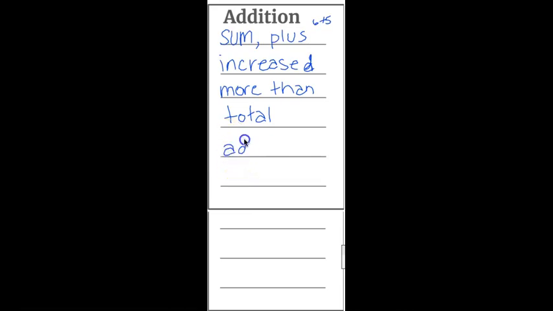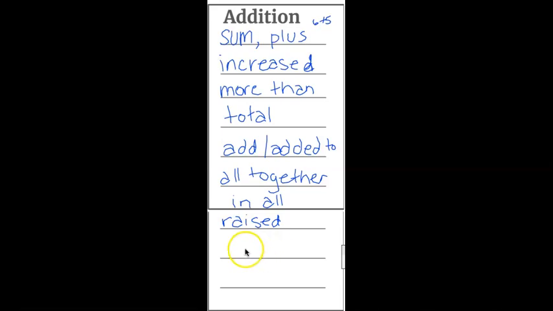Also added to, add or added to, those obviously mean adding. Altogether, that's another clue phrase that means addition. In all usually means addition. Let's see, raised, there's another one. 6 raised by 5 would be 11.